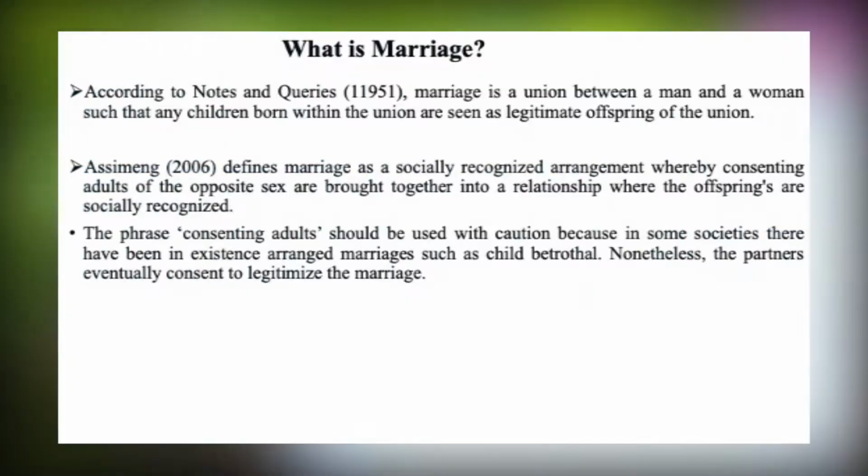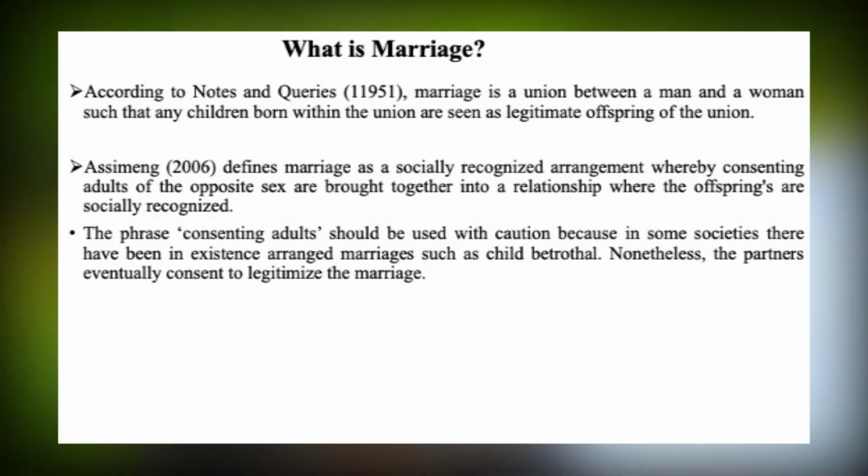According to Notes and Queries, 1951, marriage is a union between a man and a woman, such that any children born within the union are seen as legitimate offspring of the union.